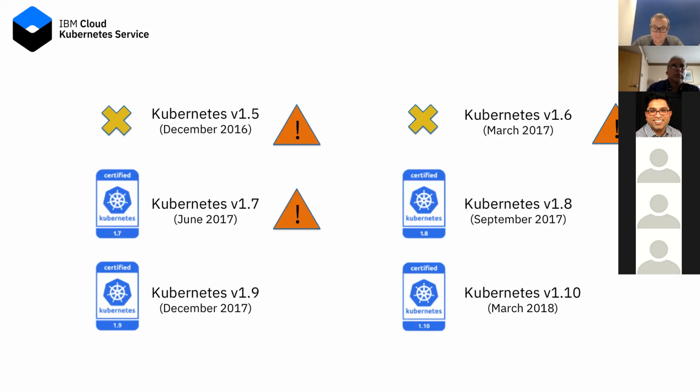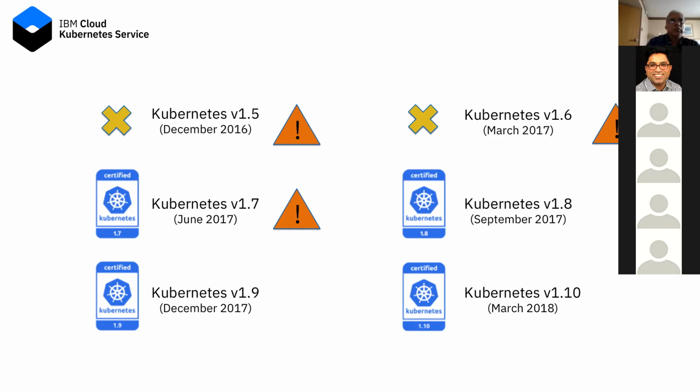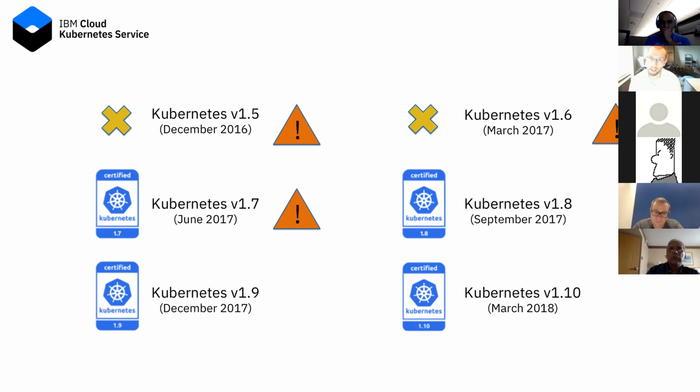You can also see these warning icons next to 1.5, 6, and 7, indicating the community has stopped providing patch level updates for that release. So at any given slice of time, based upon recent history and what looks to be the path forward in the community, at least in the short term, you can expect 3 supported releases of Kube at any given time, maybe 4 for a short period of time.